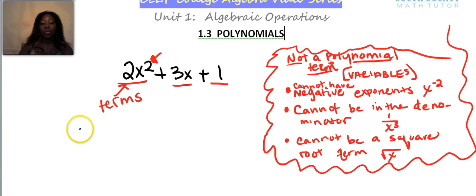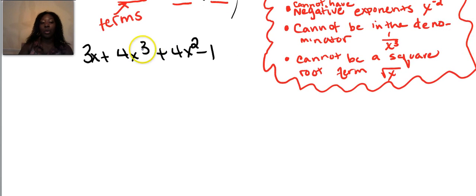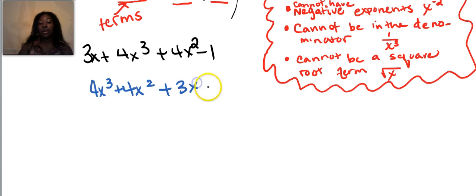So for example, if you had 3x plus 4x cubed plus 4x squared minus 1, we generally want to write it in order from greatest to least of the exponents. So this would be 4x cubed plus 4x squared plus 3x minus 1.